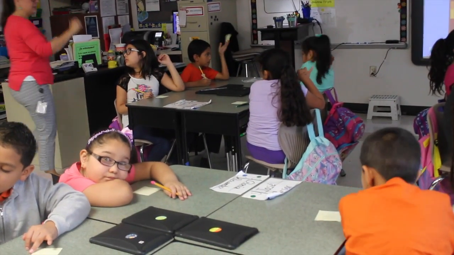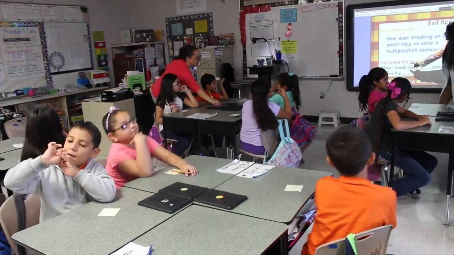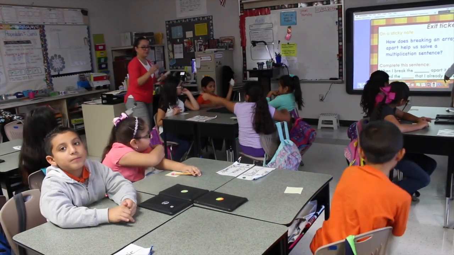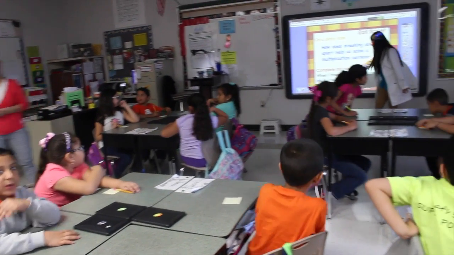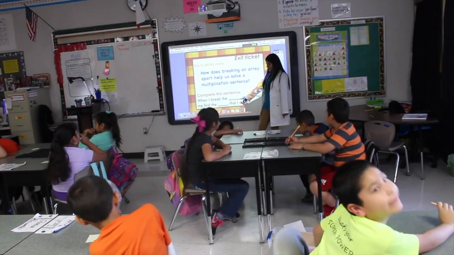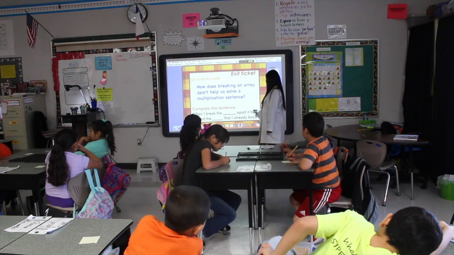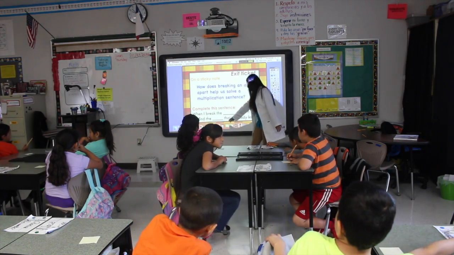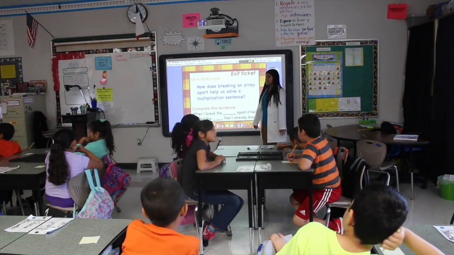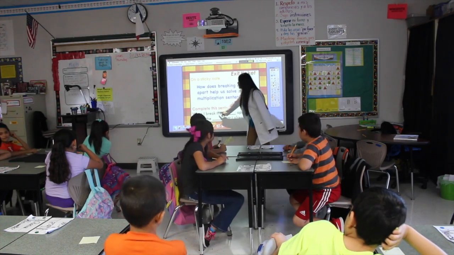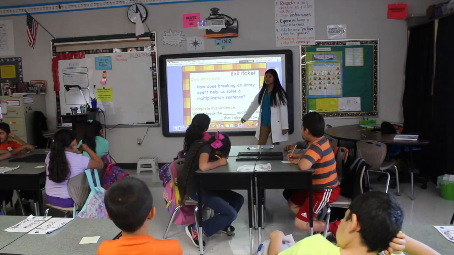Right here, you have a template that you can use. When I break the blank apart, it helps me find the blank that I already know. So you're going to fill in the blanks in this sentence on your sticky note.